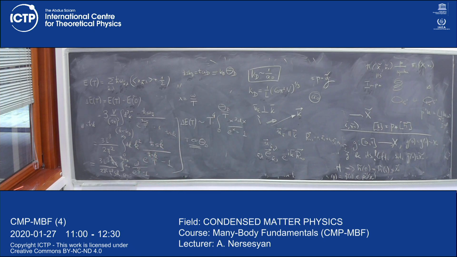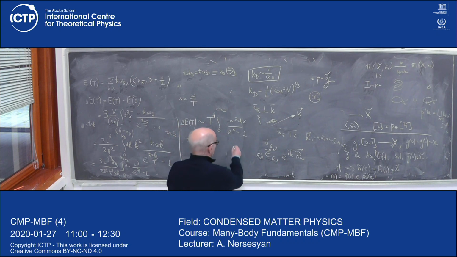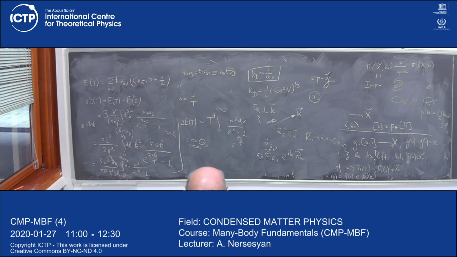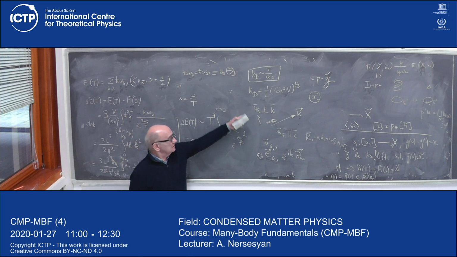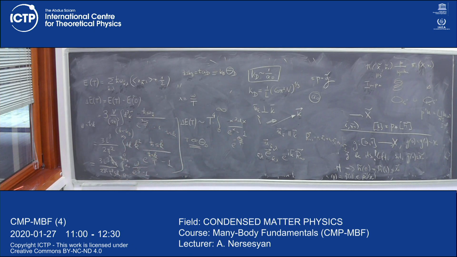So you can, without any hesitation, replace the upper limit by infinity. The error you make is of this order. You lose an exponentially small correction. I leave it to you to prove it, but it's already obvious. What remains here is a number. It's π to the fourth divided by 15, if I'm not mistaken. It's a number.